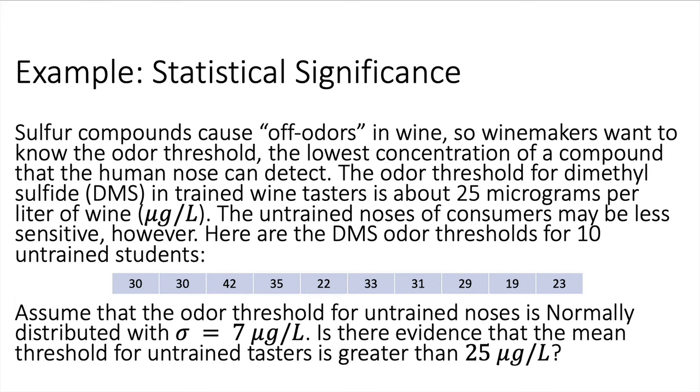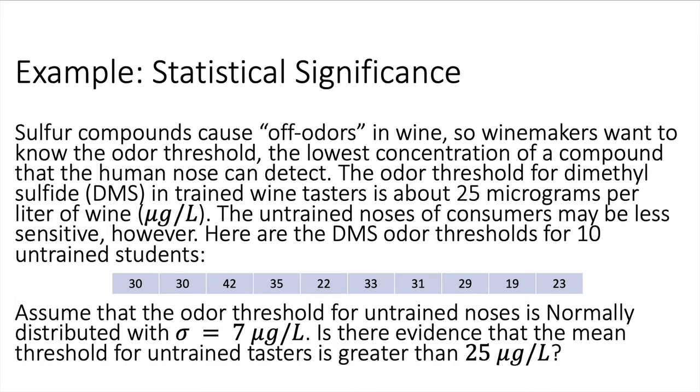Sulfur compounds cause off odors in wine. So winemakers want to know the odor threshold, the lowest concentration of a compound that the human nose can detect. The odor threshold for dimethyl sulfide in trained wine tasters is about 25 micrograms per liter of wine. The untrained noses of consumers may be less sensitive, however.